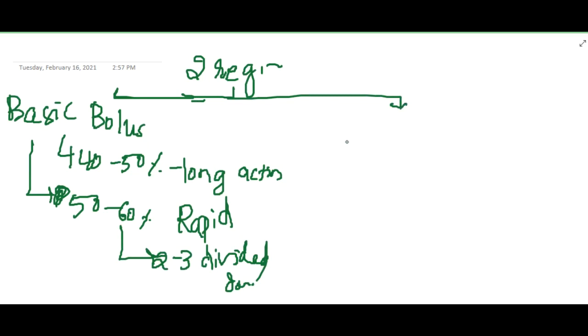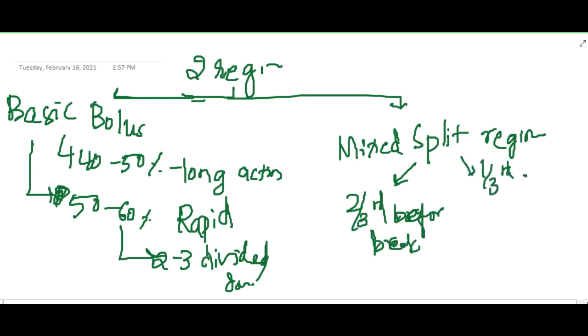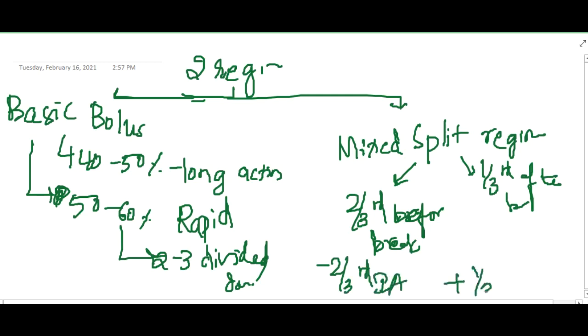Then the second regimen is called the mixed split regimen. In the mixed split regimen, 2/3 of the dose is given before breakfast and 1/3 is given before dinner. Among these, 2/3 will be intermediate acting insulin plus 1/3 will be short acting insulin.